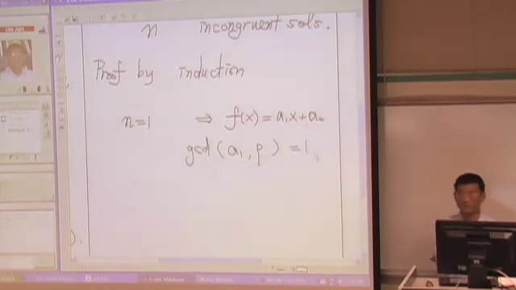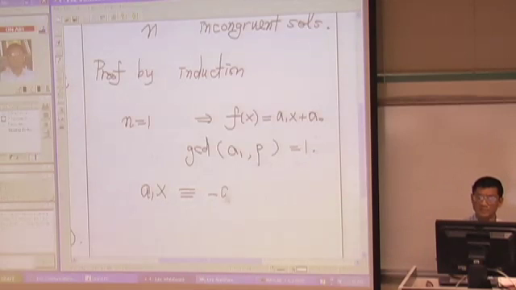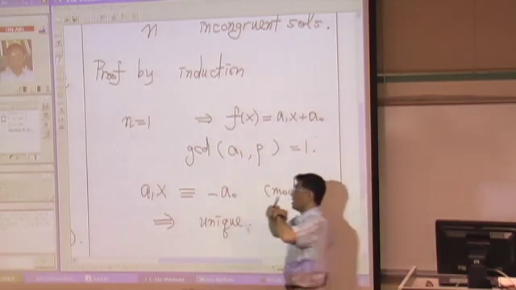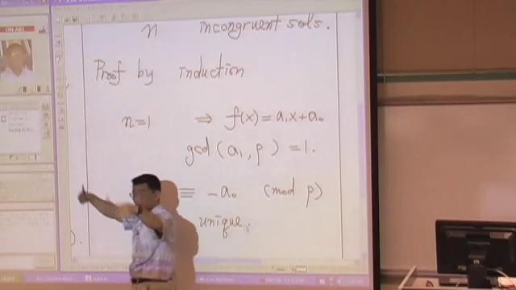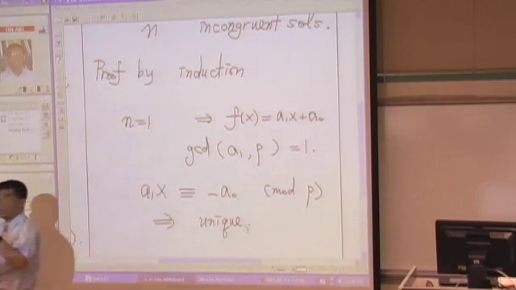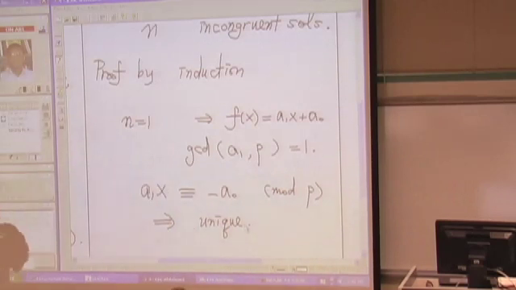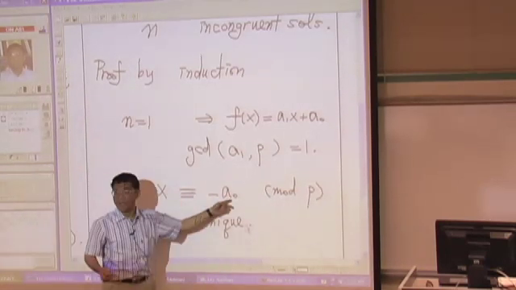We covered this already. a1x is congruent to negative a0 mod p, which has a unique solution, right? We already proved this before. Do you remember the Euclidean algorithm using just one column instead of 2 columns? Using 1 column, you can find these things, equal to 1 initially, and then multiply by negative a0 later, right?